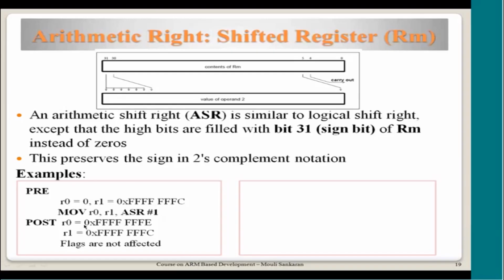Now let us take an example here so that this concept is clear. I have not put S here. That means I don't want the bit going out of this right shift to impact the carry flag. So what I want to do is, whatever is the content of R1, this is the content of R1, I want to do an arithmetic shift right by 1 bit.